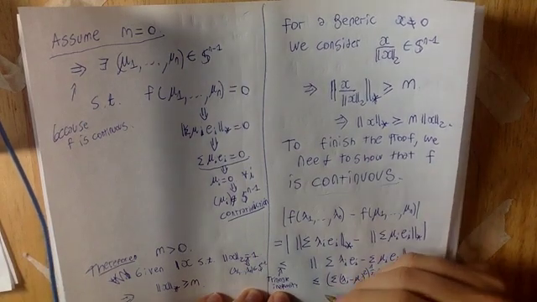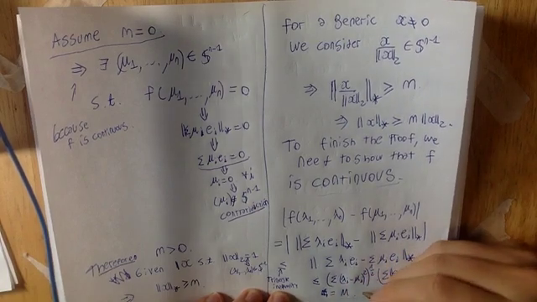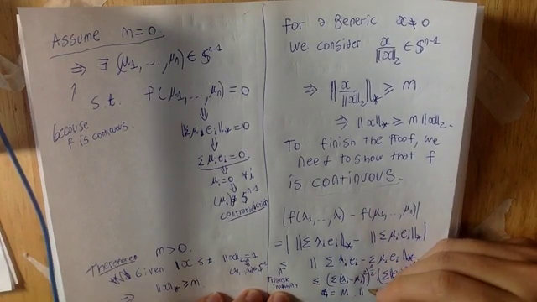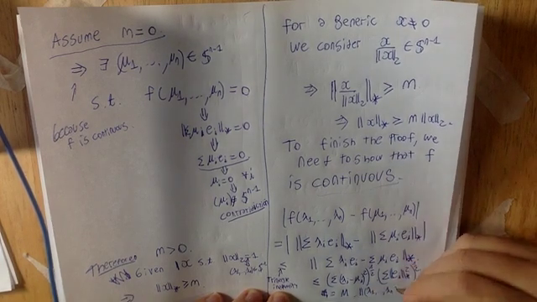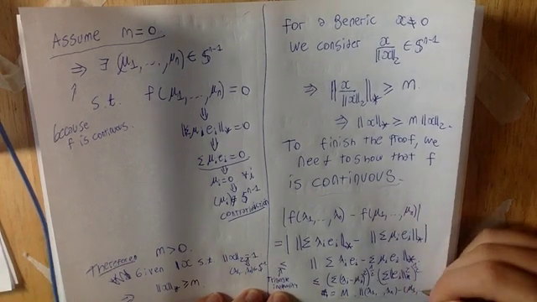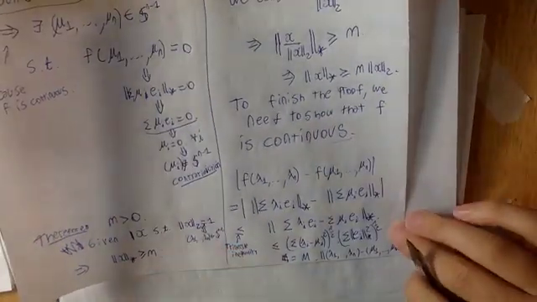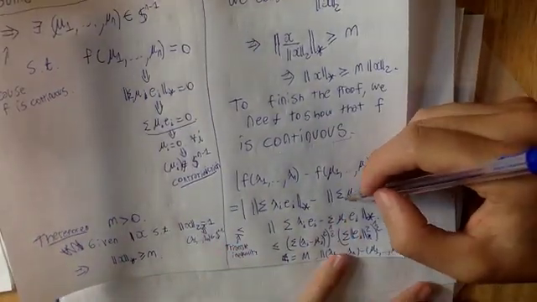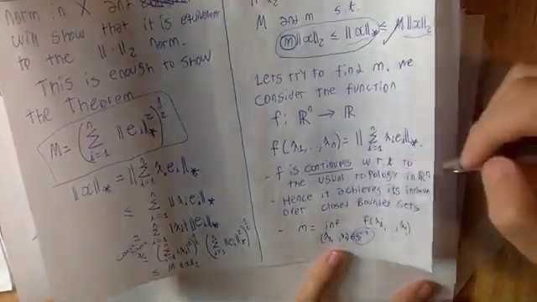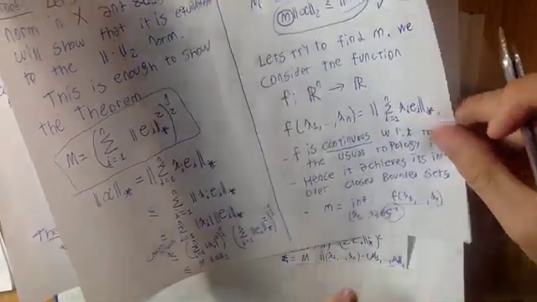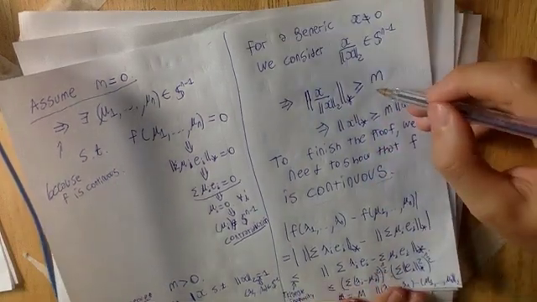This is equal to m times the 2-distance between the vector lambda 1 through lambda n and mu 1 through mu n. So this function is actually Lipschitz continuous, which is what we needed to show in this step, and so we obtain a little m, which is the bound for this.